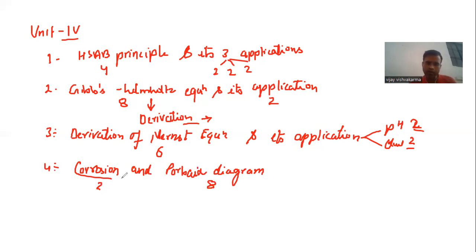Apart from corrosion, there are two other questions like mechanism of dry and wet corrosion. But I think the Pourbaix diagram has more weightage since it also came in CT3. If the question is formed from corrosion, then the Pourbaix diagram will be given to you.